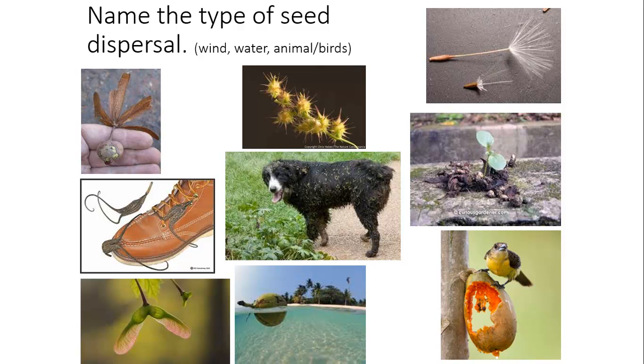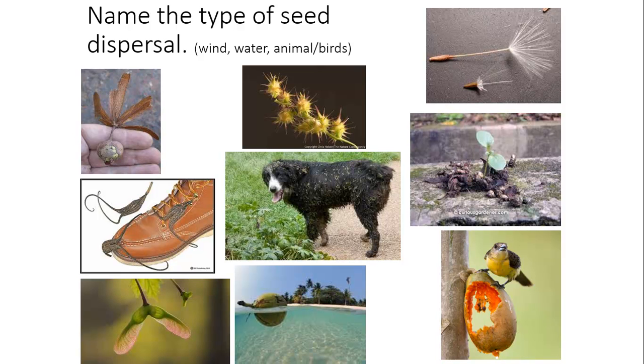So the dog below has a lot of these clinging seeds attached to it. The seed up at the top at about 1 o'clock is spread on the wind. The one below it is when seeds are excreted, pooped out by animals.